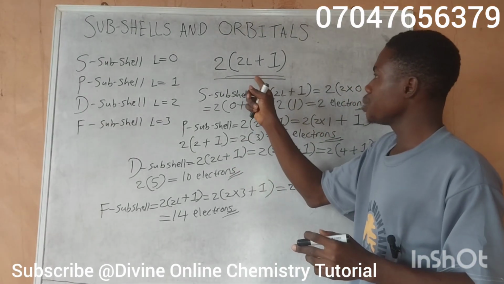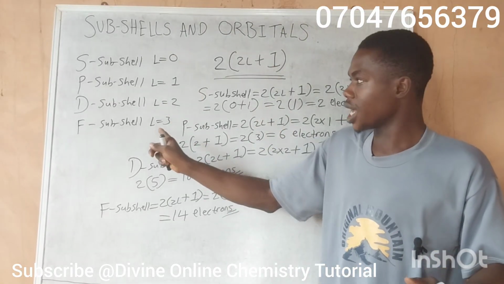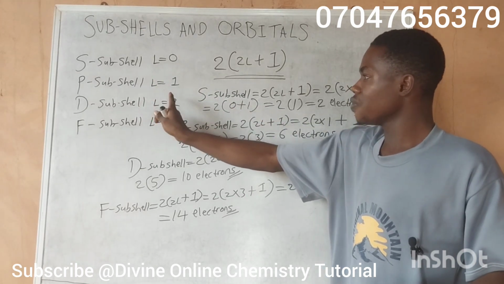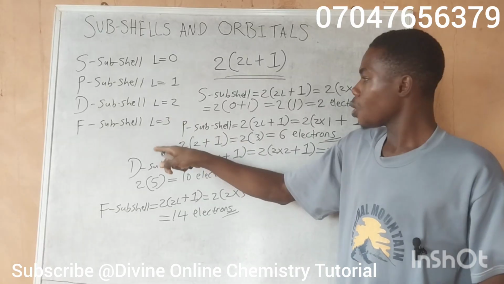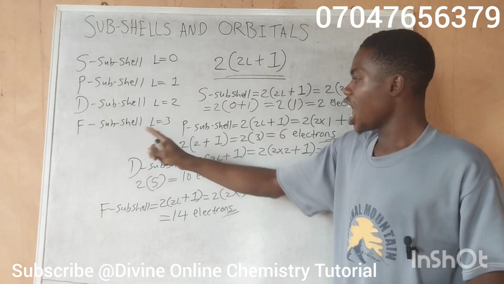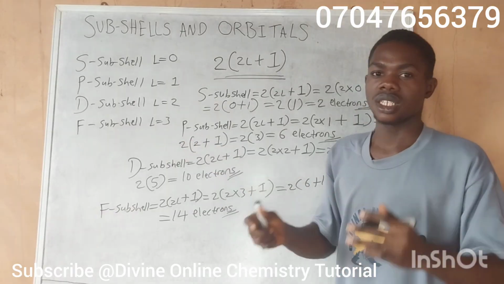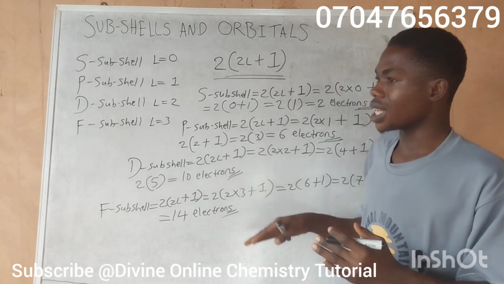And this L has a value for each of these subshells. The L value for the S subshell is 0. The L value for the P subshell is 1. The L value for the D subshell is 2. While the L value for the F subshell is 3. So guys, please take note of all these that I've just brought out right now.